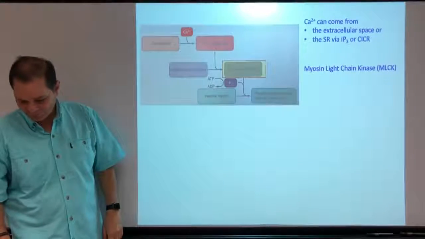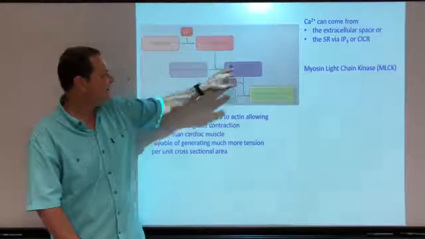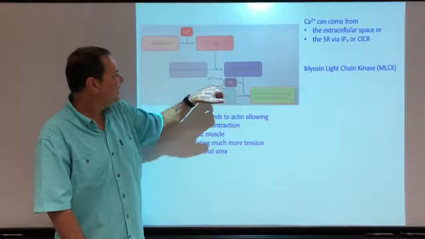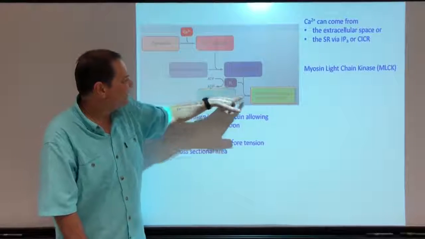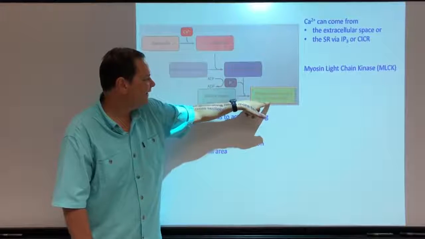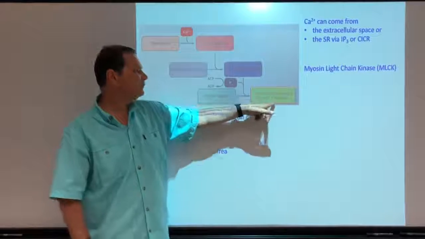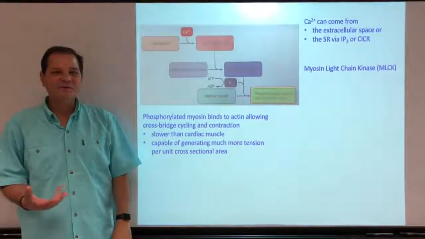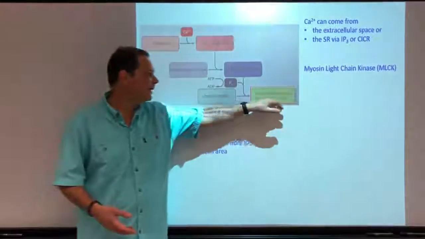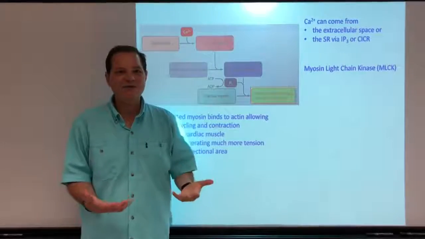And when it activates myosin light chain kinase, active myosin light chain kinase uses ATP and generates ADP and phosphorylates. It adds a phosphate to myosin. And when the myosin is phosphorylated, it can bind with actin and cause a contraction.